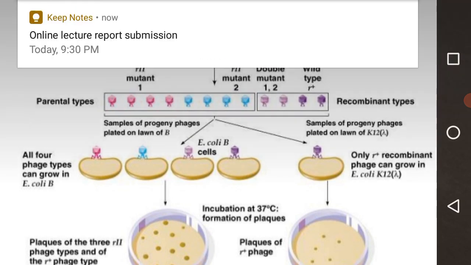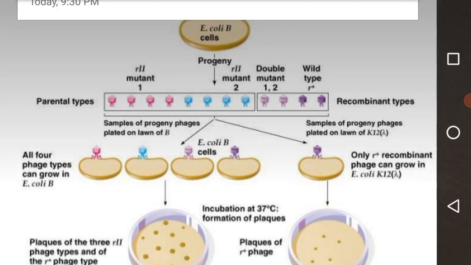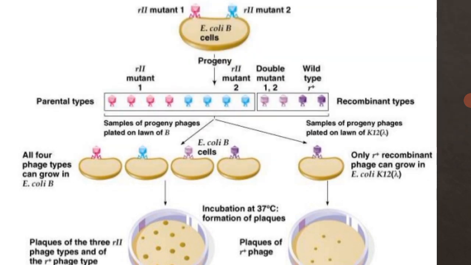Yes, so now you can see in case of the E. coli B cells, all the 4 progenies are able to grow on the wild type E. coli: the mutants, as well as the recombinants that we got, the double mutant, as well as the wild type also. Wild type will definitely grow on E. coli B, the original native strain host, right?